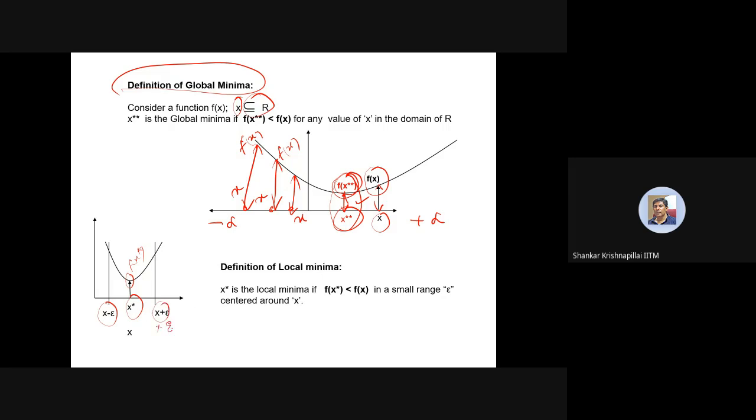So f of x star is a local minima within the range of x star minus epsilon to x star plus epsilon if it is the smallest value compared to any other value of f of x within that range.